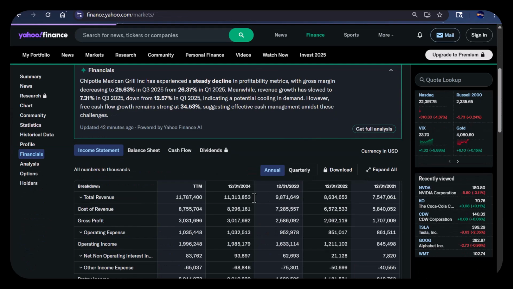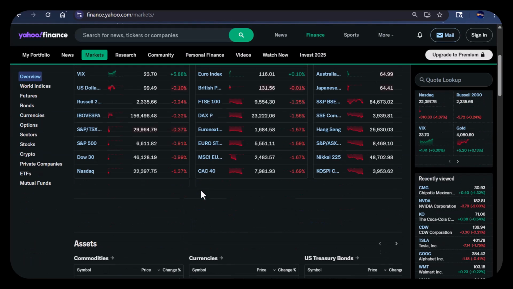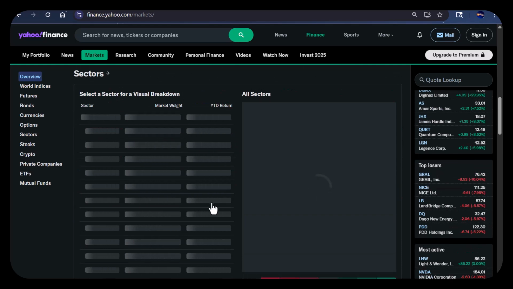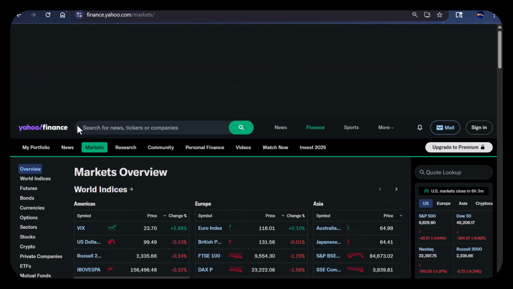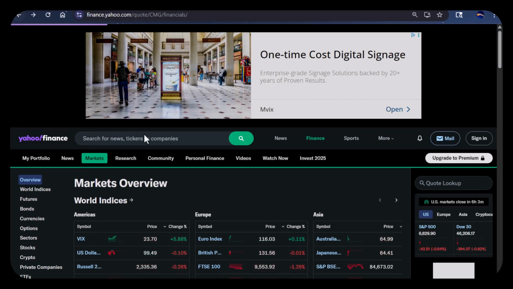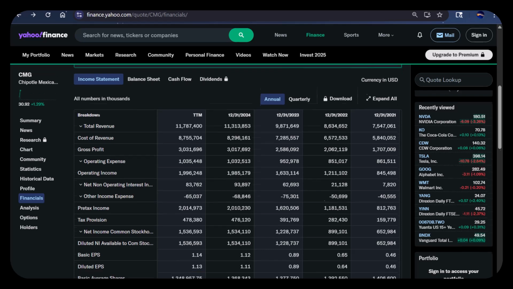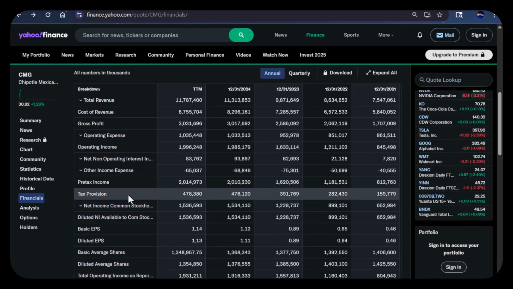Whether you do annual or quarterly, trailing 12 months is going to be the same. What happened here? Oh, there it is. Tax provision.